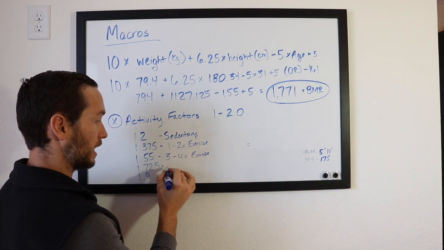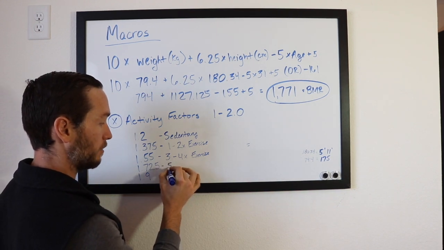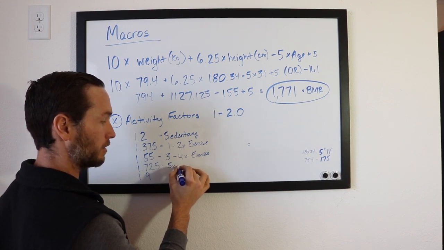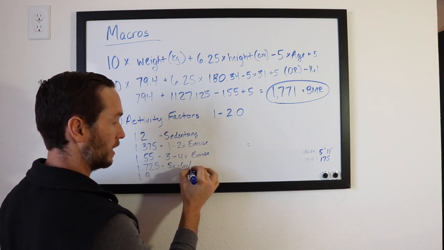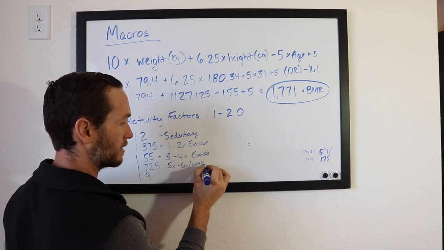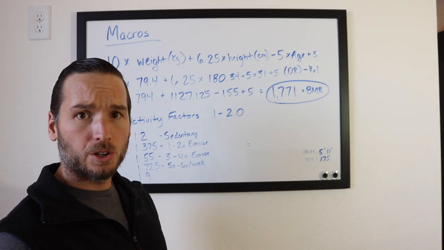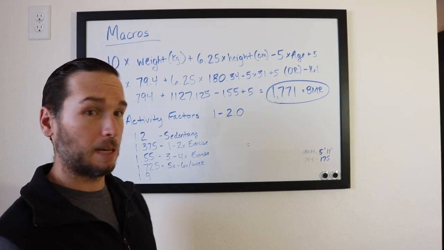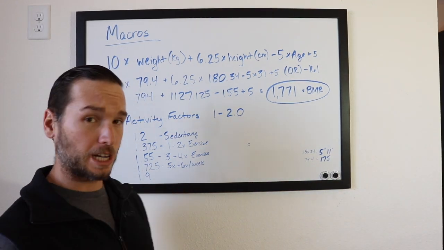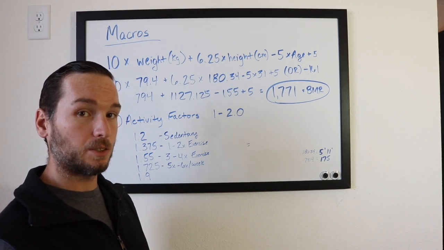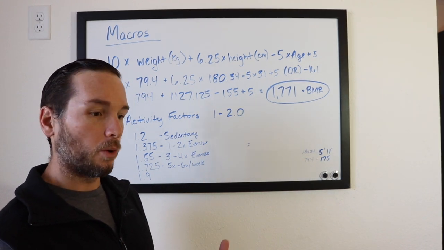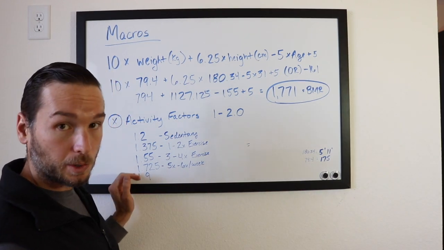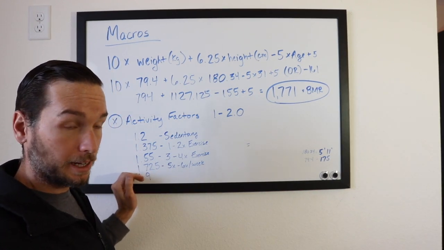When we get towards the higher range, this is our 5-time-a-week exercisers, roughly 5 to 6 times per week, for 1 hour or so in the gym, outside, on the bike, you name it. It could be any type of physical activity, or if your job is very demanding physically, like a construction worker or landscaper, you're going to fit more towards this 1.725 and 1.9 range.